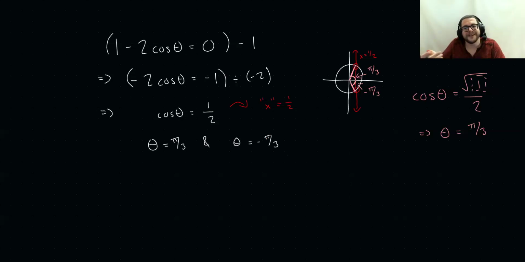There's more, because again, if I'm at a particular point and I travel all the way around, then I still remain at that point. So that means pi by 3 plus 2 pi is also a solution. Negative pi by 3 plus 2 pi is also a solution.